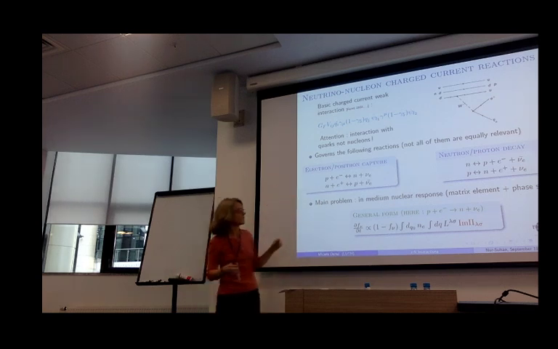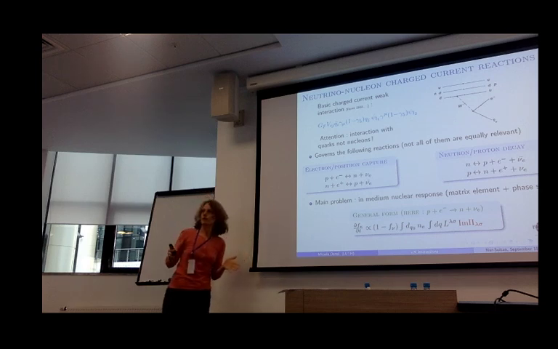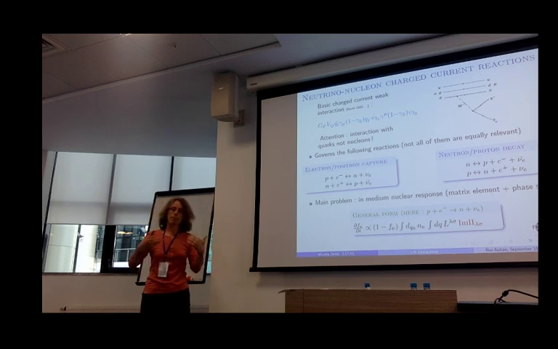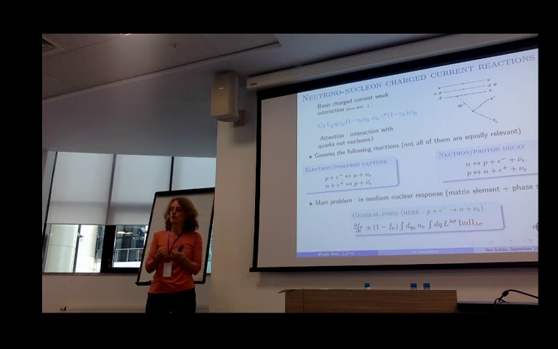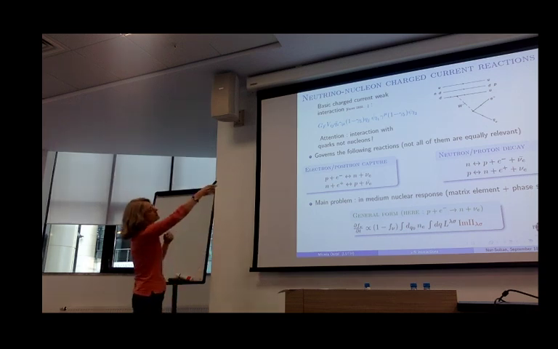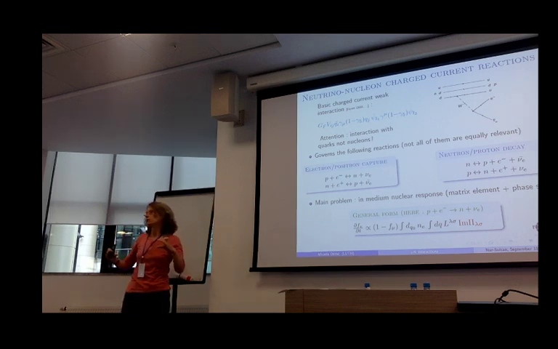And the main problem is, as I said, you have the interaction on the quark level, and you need the interaction at the end on nucleons, and not only on the free nucleon, but on a nucleon which is in dense and hot matter. So the main difficulty is that you have to calculate the matrix element where you have this charged current on the quark level, and at the end you have a nucleon state in a dense, strongly interacting matter.